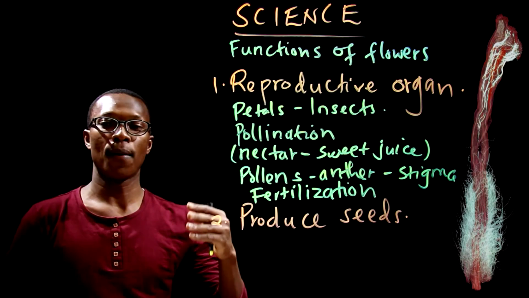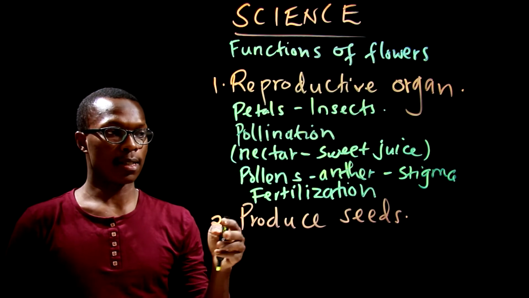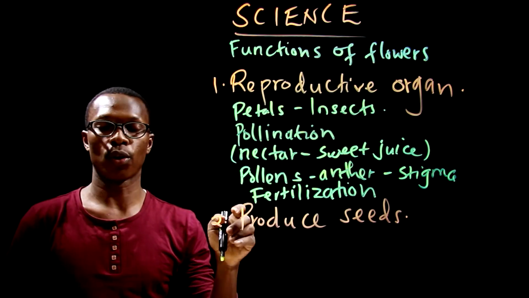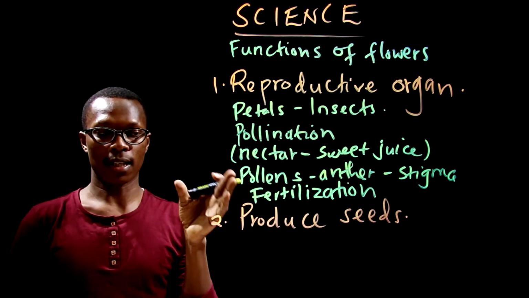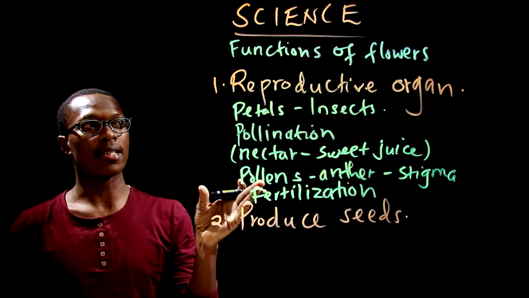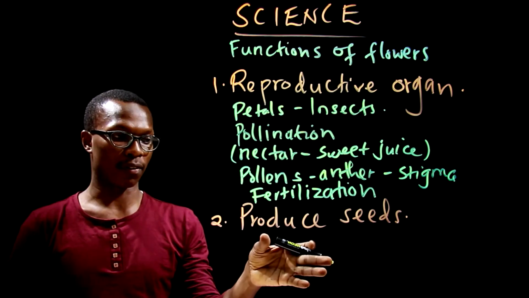So that's why we say pollen tube. Once the pollen reaches the ovules, there is what we call fusion. When there is that fusion, that is when fertilization takes place, which now brings us to the second point of the function of a flower.